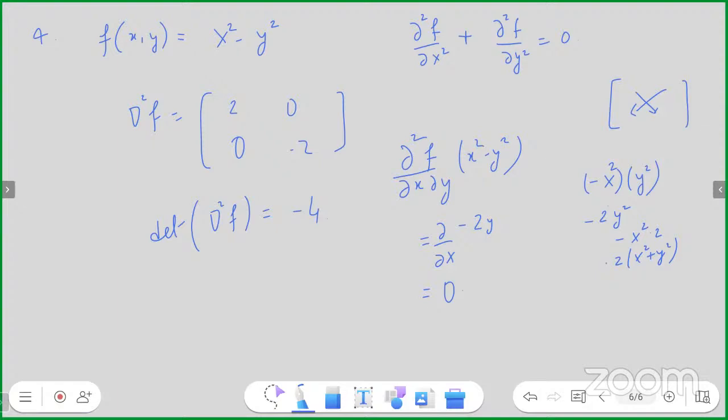Yeah, so that doesn't work. It's strange, right? x by y doesn't work, x square by y works. So just by looking at the function, you can't make out unless you actually go ahead and do the test.